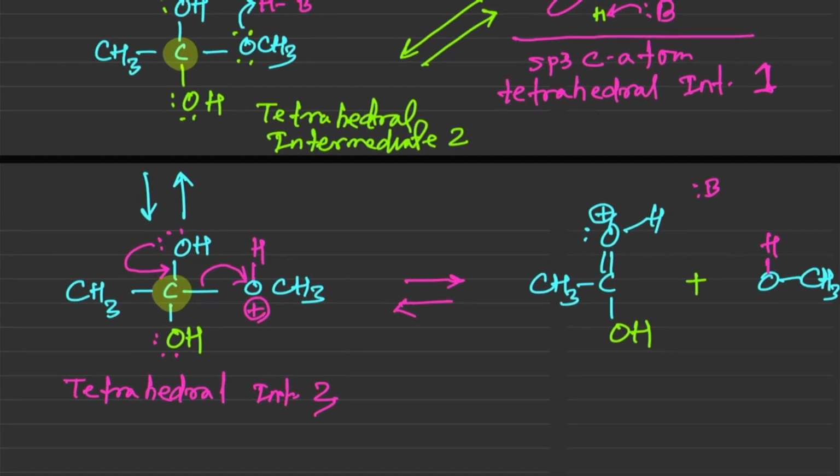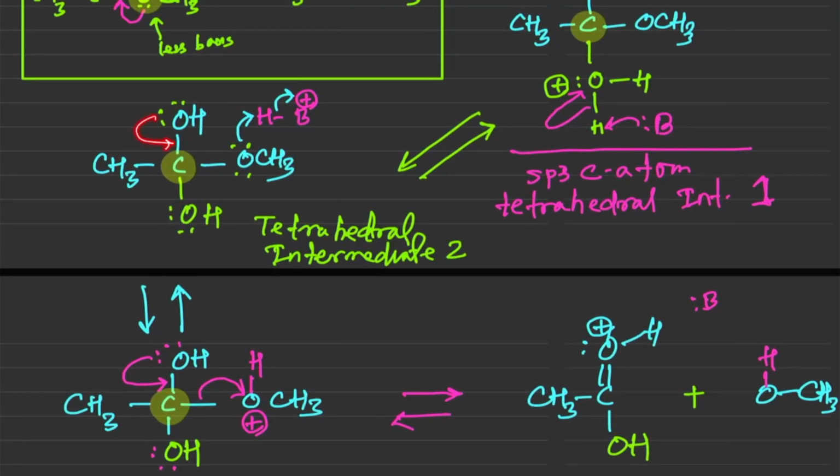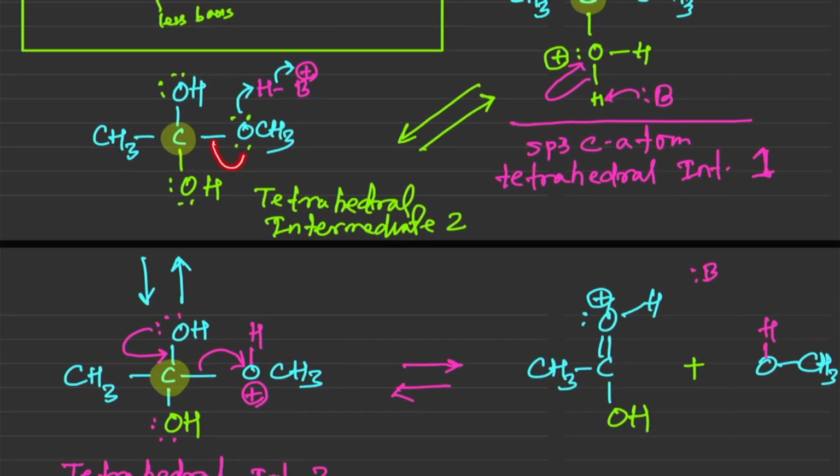All right. So why do we get rid of this leaving group? You notice here, I could have done the same thing. I could have gotten rid of my CH3O here by bringing a pair of electrons, but why didn't I? Because if you have CH3O as a leaving group, you make CH3O minus.